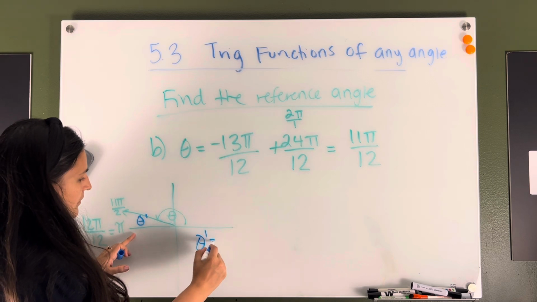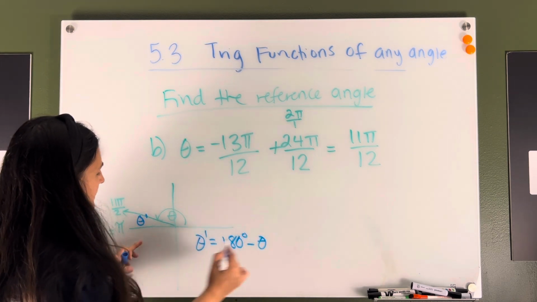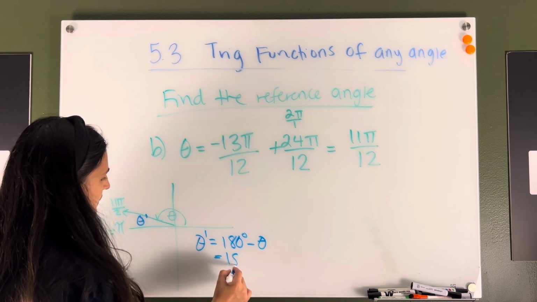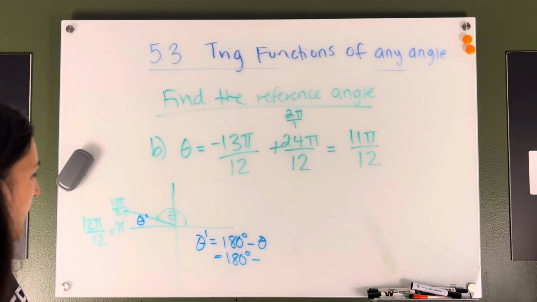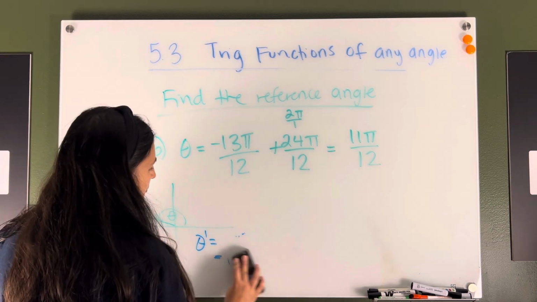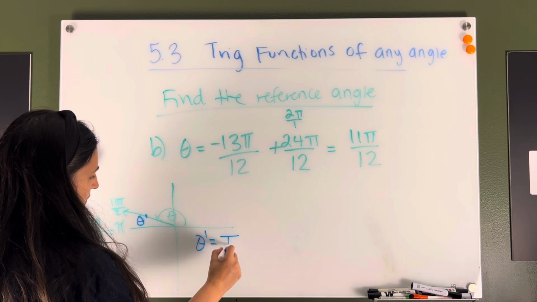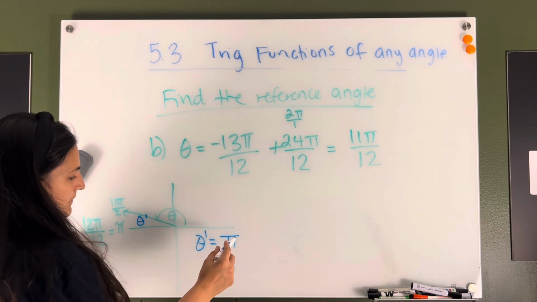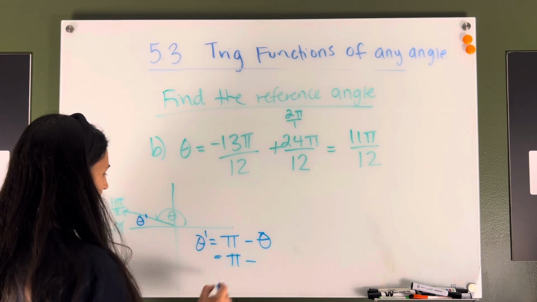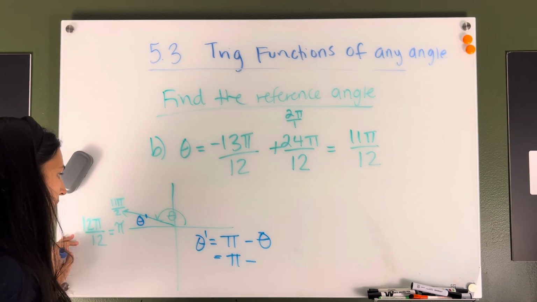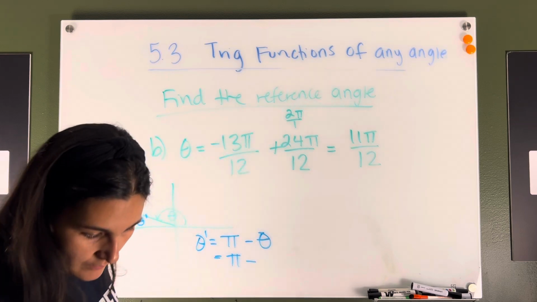Theta prime would be the straight line, 180 degrees, minus theta. But it is not in degrees, so instead of using 180, we want to use pi, since it's given to us in radians. So it would be pi minus theta.